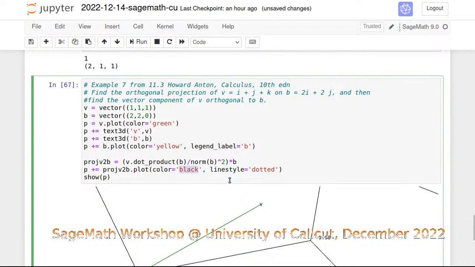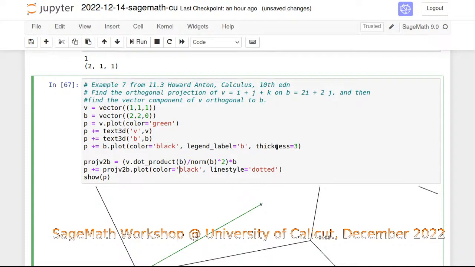Maybe we can change the thickness of this. We are dropping to b, right? So let us change the thickness of b. Thickness is equal to 3. This is already black.